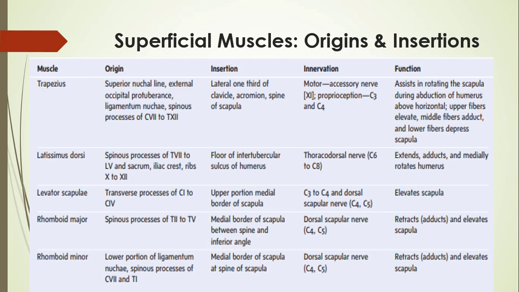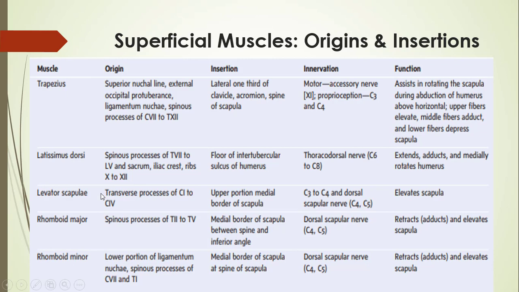This table represents a summary of the origins and insertions of the superficial muscles. Let's see the trapezius. It originates from the superior nuchal line, external occipital protuberance, nuchal ligament, and spinous processes of 7th cervical to thoracic 12, and inserts into the lateral 1/3 of the clavicle, acromion process, and spine of scapula. Latissimus dorsi originates from the spinous processes of thoracic 7 to lumbar 5, sacrum, iliac crest, and ribs 10, 11, and 12, and inserts into the floor of the intertubercular sulcus of the humerus.